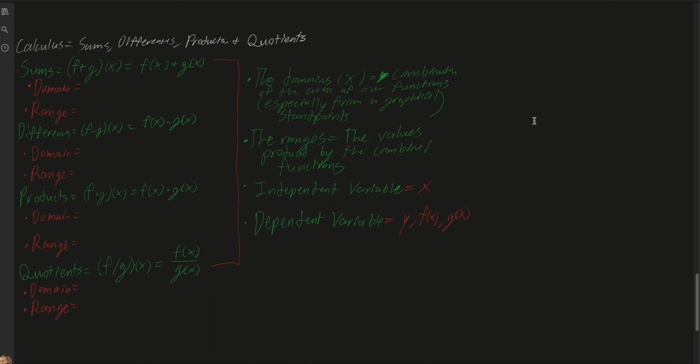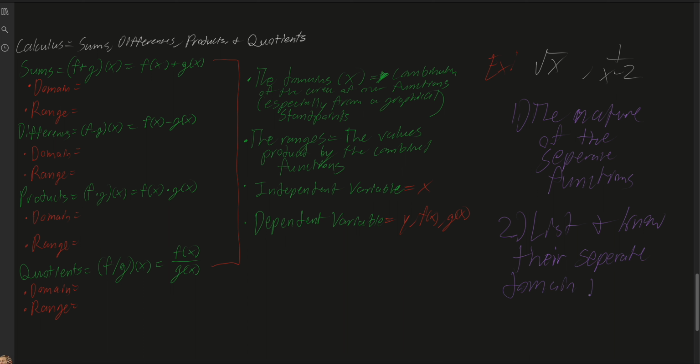If we were to have the following combination, summing the square root of x and 1 over x minus 2, when we are adding them together, we first have to consider: one, the nature of the separate functions; list and know they're separate; two, domain and ranges; the third part, we need to combine them together.